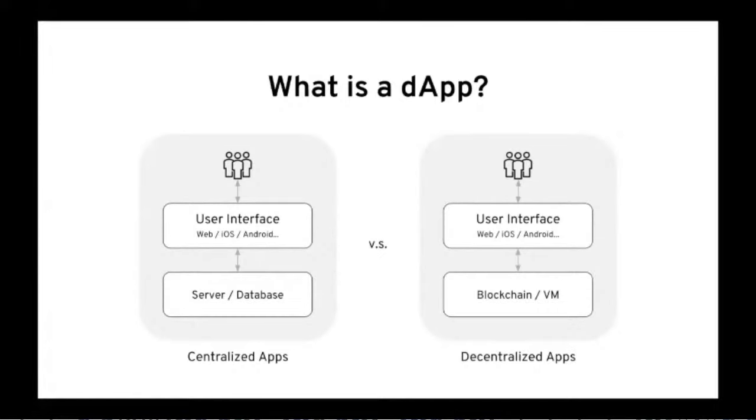But anyway, it's controlled centrally. As opposed to those centralized applications, dApps or decentralized applications have their backend built on blockchain. So the data and logic are controlled by the smart contracts that are deployed onto blockchain. So people can basically see the logic and see the data that are associated with this application.